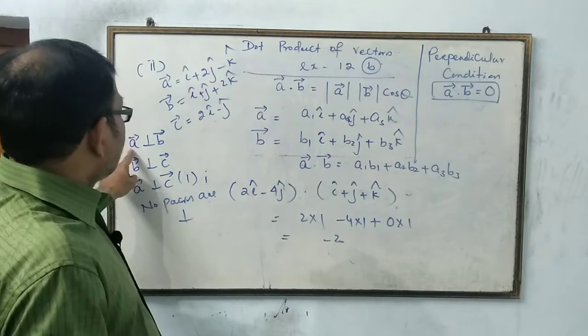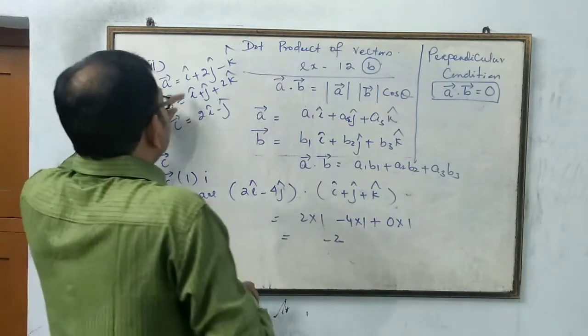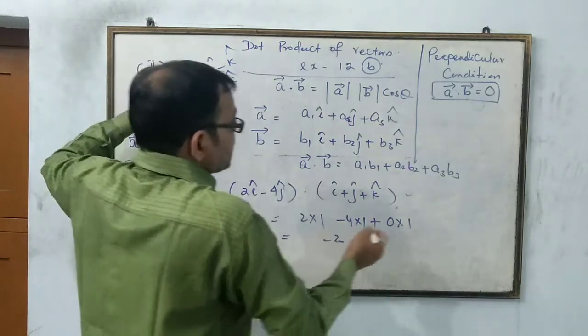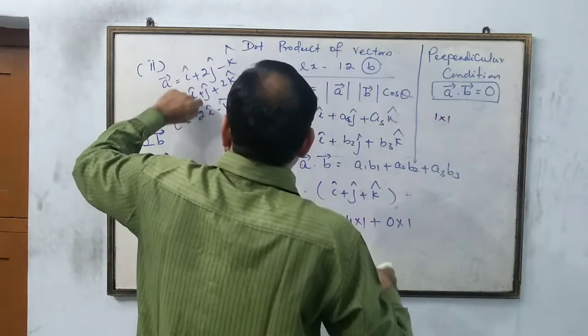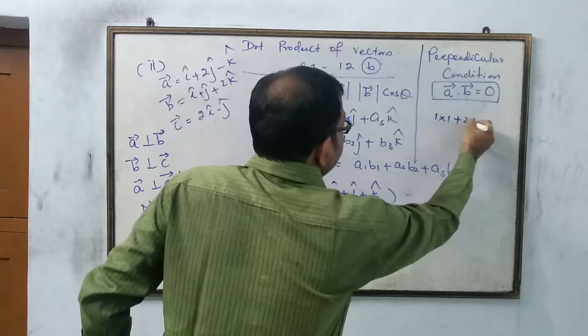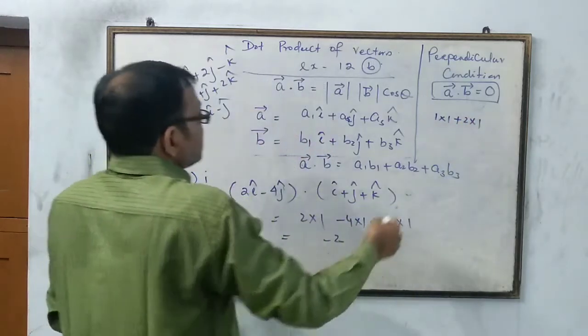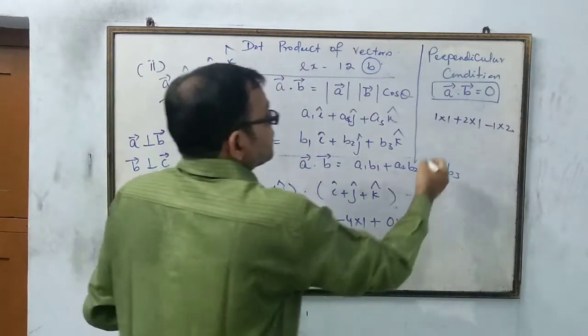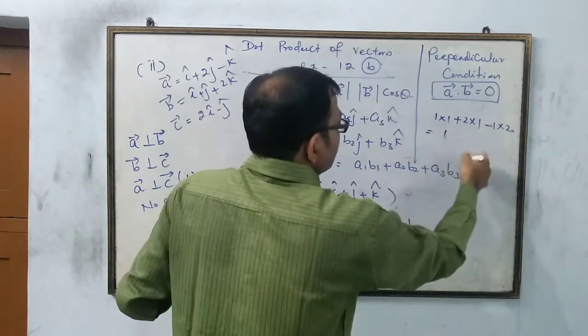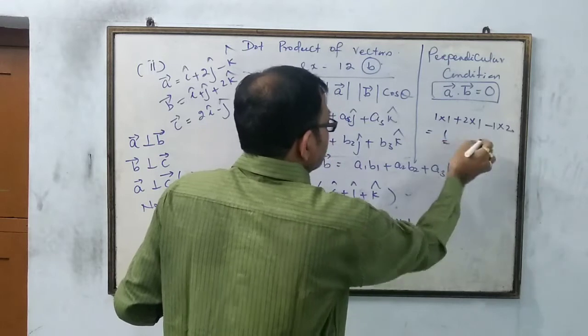Now for a perpendicular to b, check 1 into 1, 2 into 1, minus 1 into 2. The answer is 1 plus 2 minus 2, which is 1.